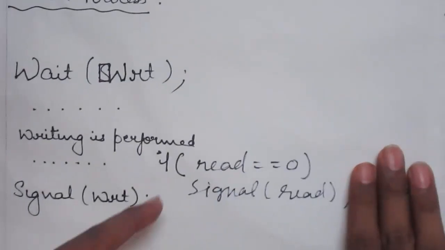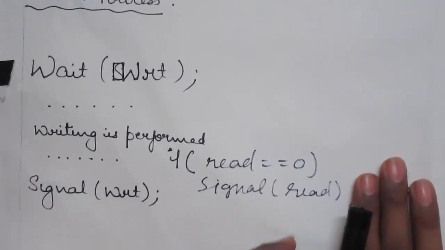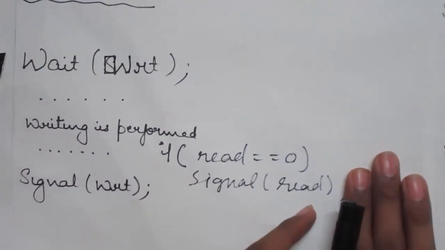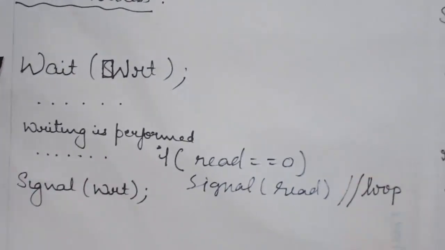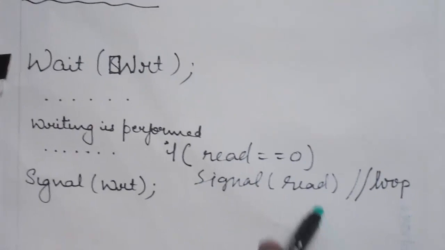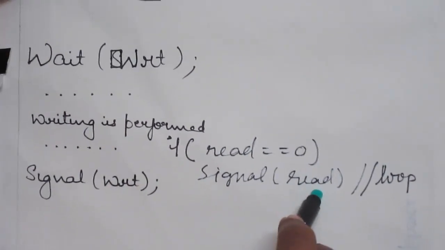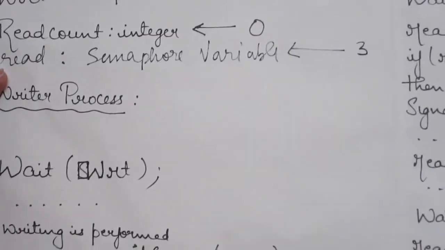So if read is equal to 0, I'll increment the count of read, so I'll signal read and put a loop here, so that I can increment the count of read so that it can reach its initial value. As the initial value of read was 3, I should put a loop which should run 3 times.